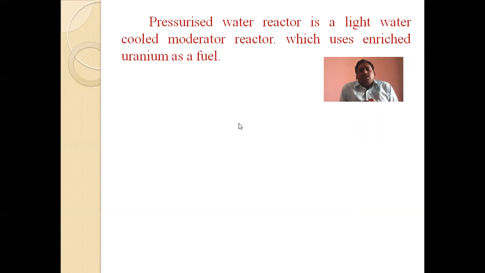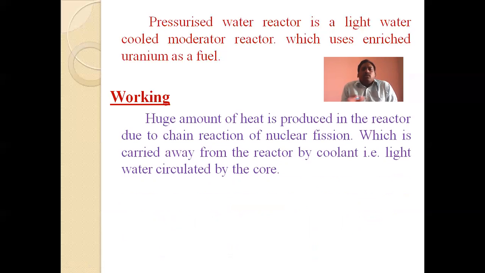The fuel used in the PWR is enriched uranium. Natural uranium has only 0.7% of the fissile isotope, the remaining being others, so it needs to be enriched. Enriched uranium is used as fuel to produce heat energy.